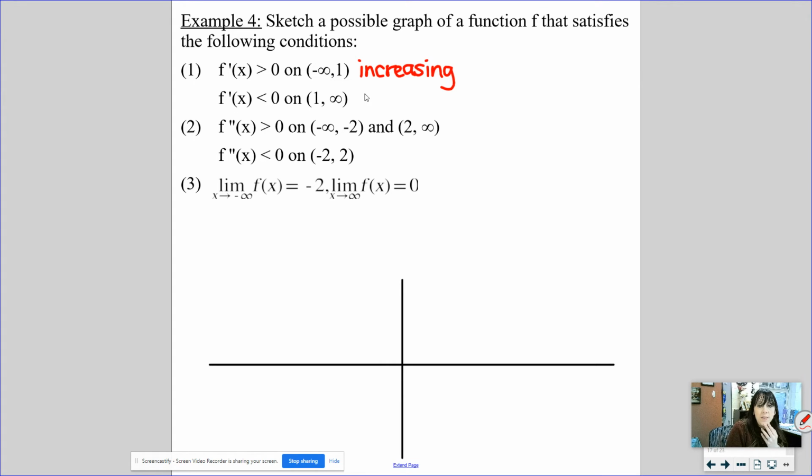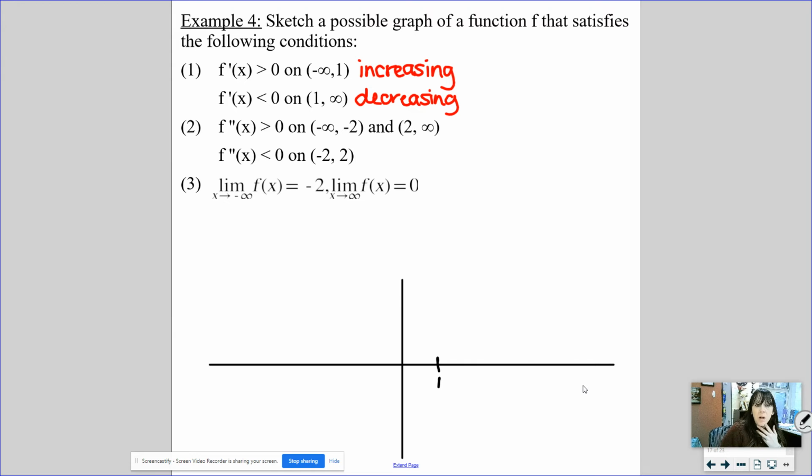And then here the slope is negative, so that means it's going to be decreasing from 1 to infinity. So it's going to be going up and then down. Okay? And that happens at 1. So we'll make 1 right here. It's going to go up and then down. That's all we know so far.